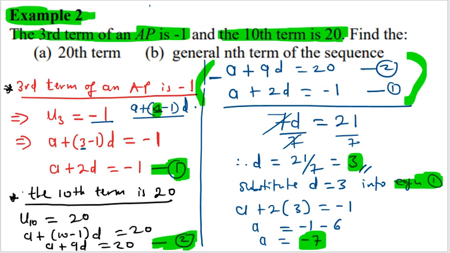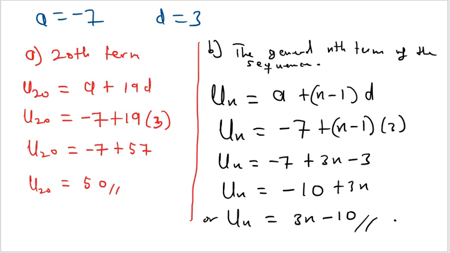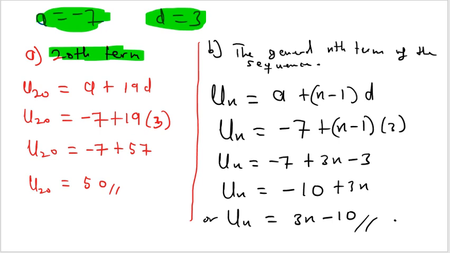Now, remember the question is asking us to find the 20th term and the general term. It means that we already know that our first term is negative 7 and our common difference is 3. So, to find the 20th term, it means we are finding U20.